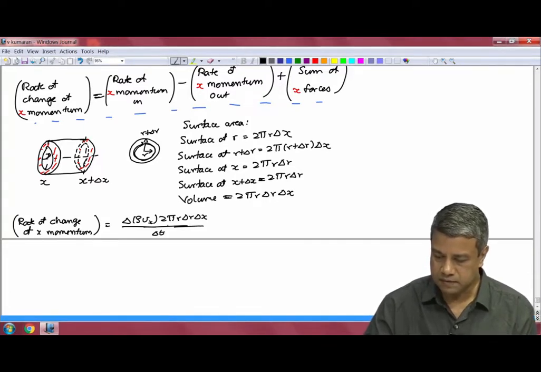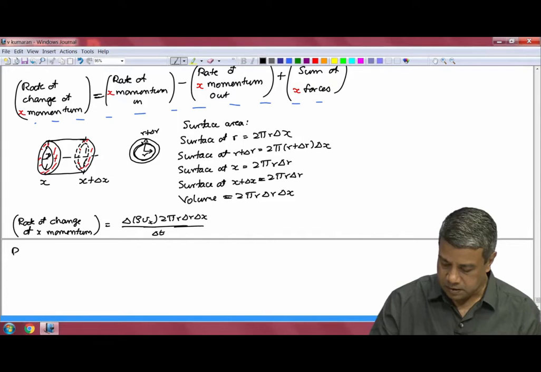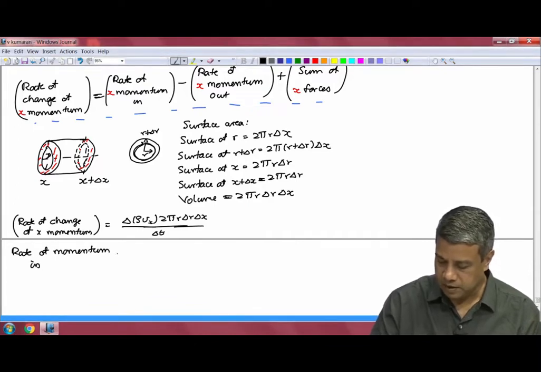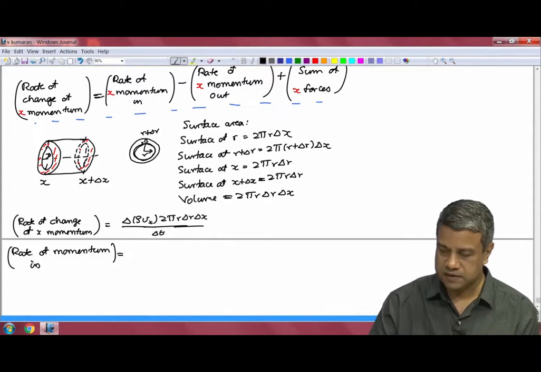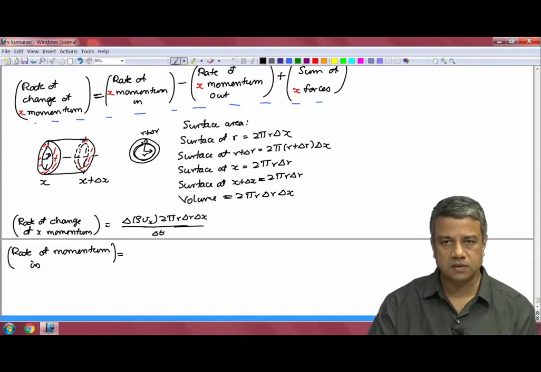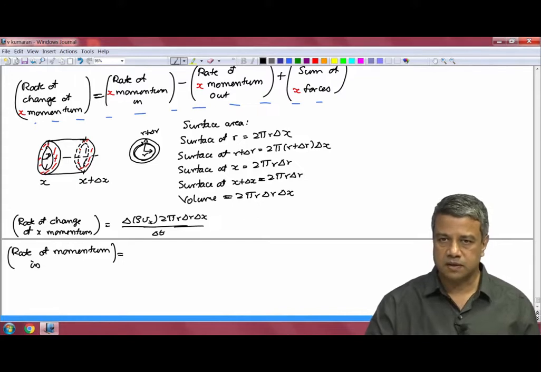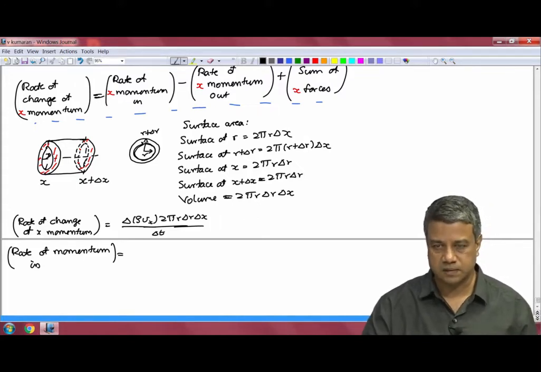Now, what are the forces acting at the surface and the rate of momentum in and out? The rate of momentum in: momentum is entering only at the surfaces at x and x plus delta x, because it is only at these two surfaces that there is a fluid velocity perpendicular to the surface that transports fluid across the surface, because the velocity is in the x direction.